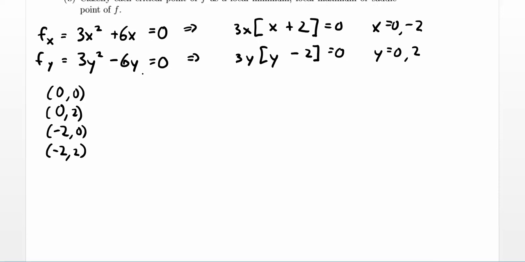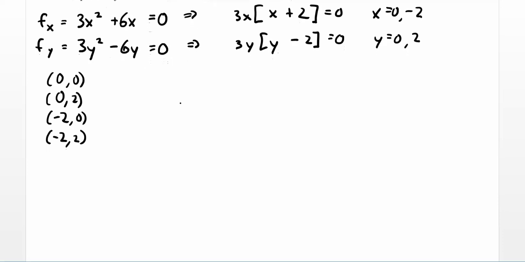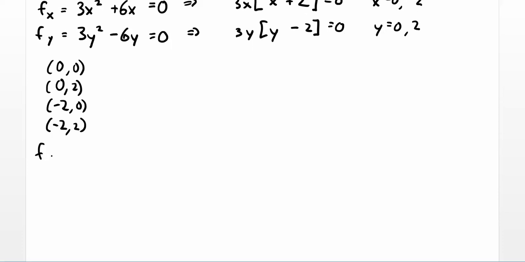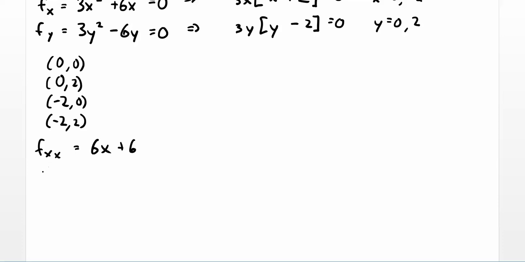And the second part, the more tedious part, is testing these points as mins or maxes or saddle points, or neither. The way we do that is we have to take the second derivatives, the second partial derivatives. So let's do that. fxx is equal to 6x plus 6, and fyy is equal to 6y minus 6.